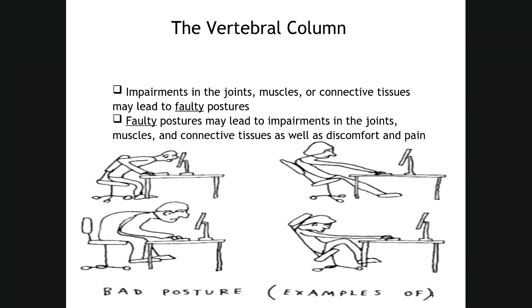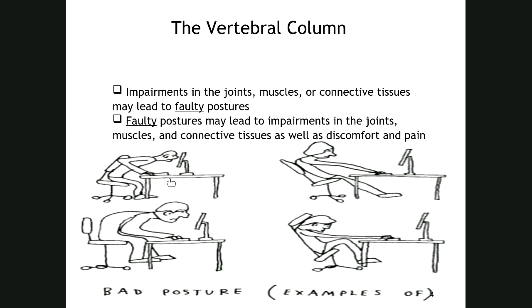Now, on the other hand, if we have a patient that doesn't have an impairment, but, as in the top picture that I'm pointing to, is continuously 8 hours a day in that same stoop posture, that's a faulty posture. He may need a lumbar roll behind his low back to promote optimal posture.